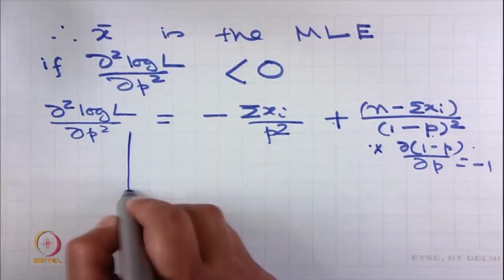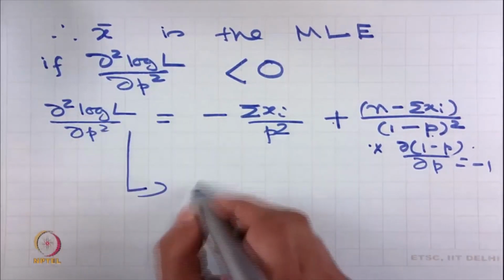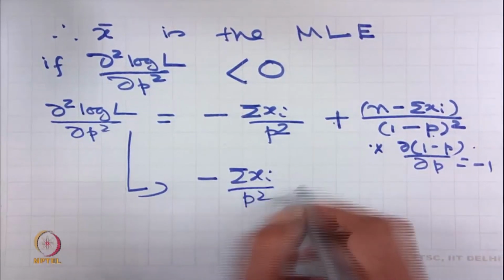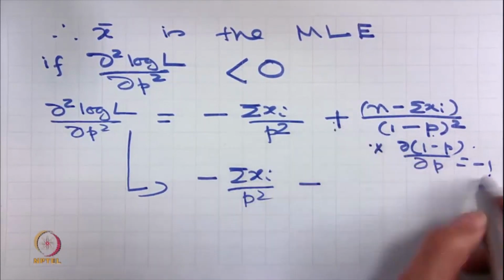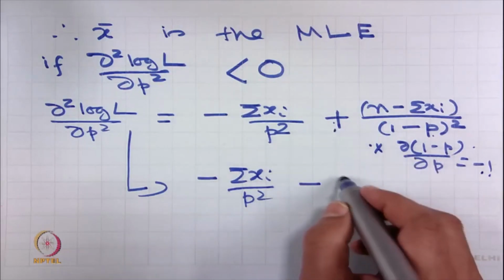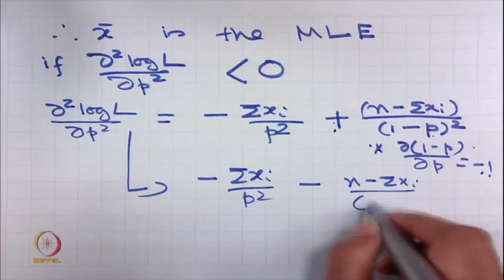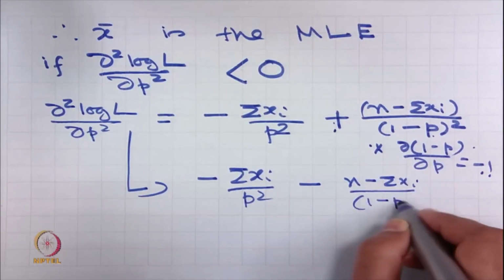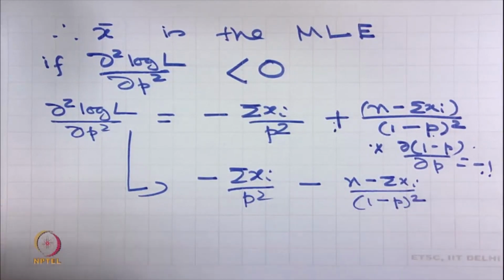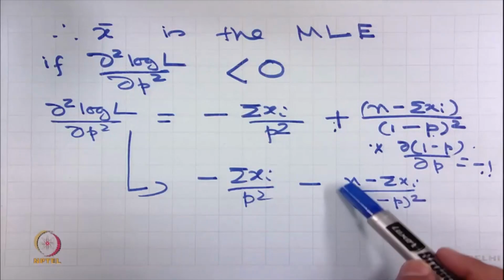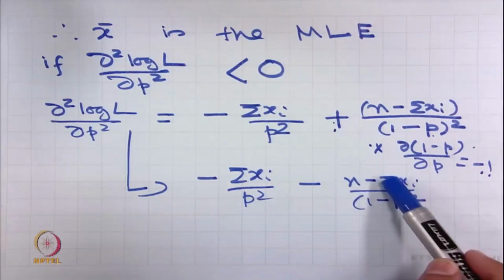Therefore, del 2 log L del p square is equal to minus sigma xi upon p square minus, now this minus again makes it minus, n minus sigma xi upon 1 minus p whole square. Since sigma xi can maximum be n, therefore n minus sigma xi is positive.